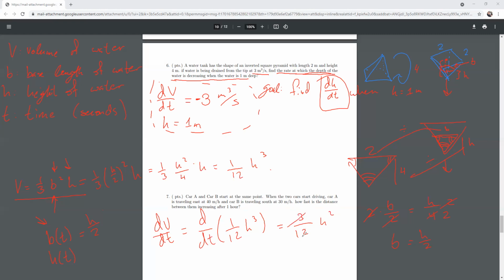We can simplify this, so this will be a 4. We get this. Perfect. Oh, whoops, I actually forgot a step. Remember, we're not differentiating with respect to h, but with respect to t. H is a function of t. So then we have to do the chain rule, multiplied by dh/dt.